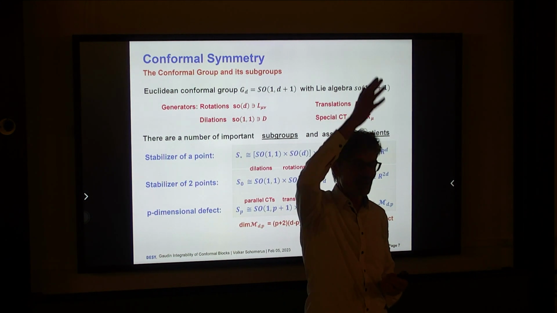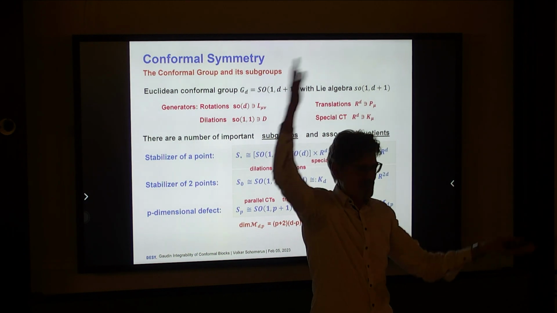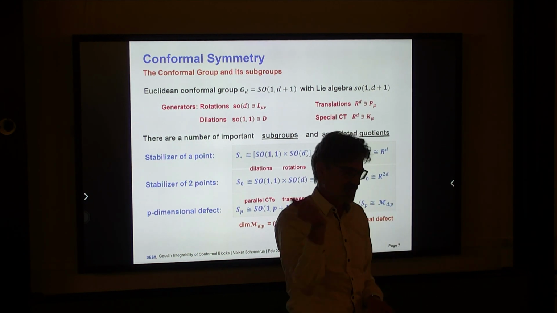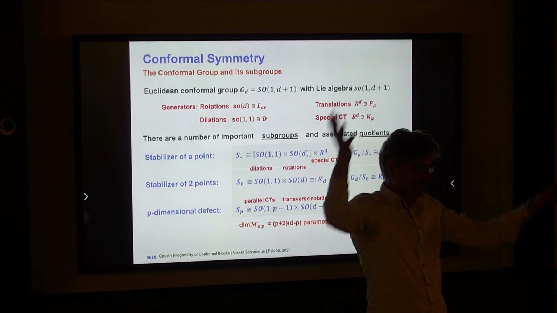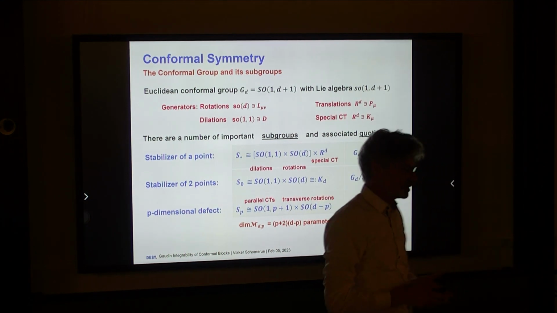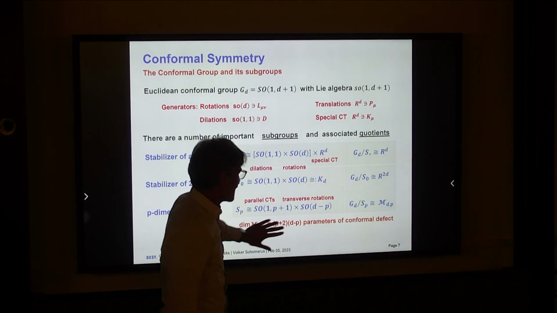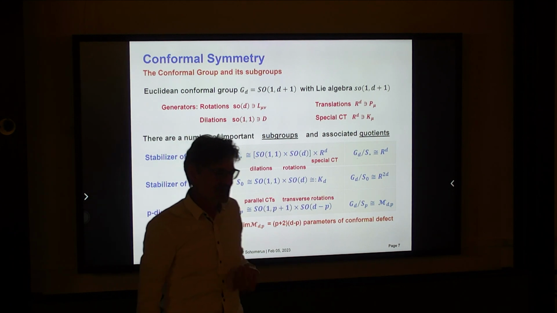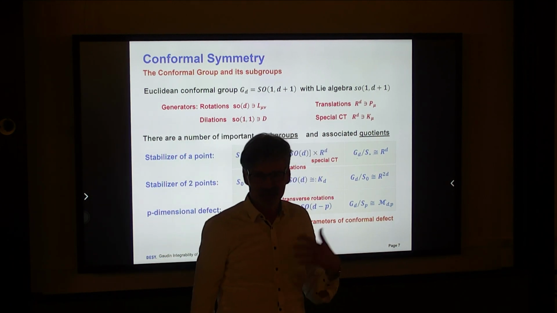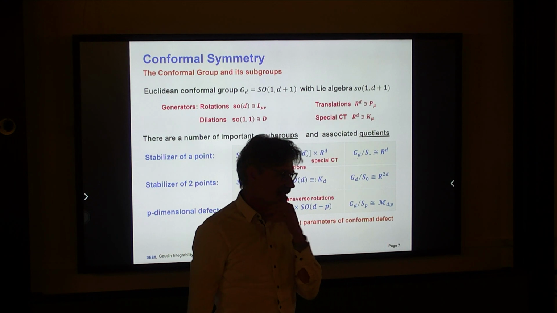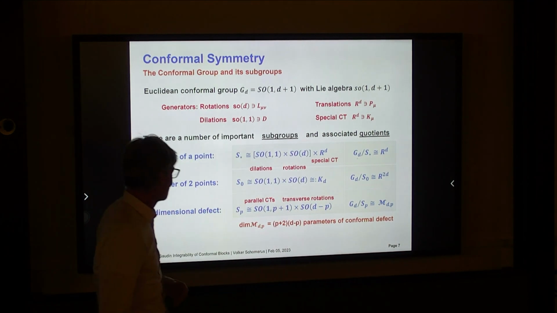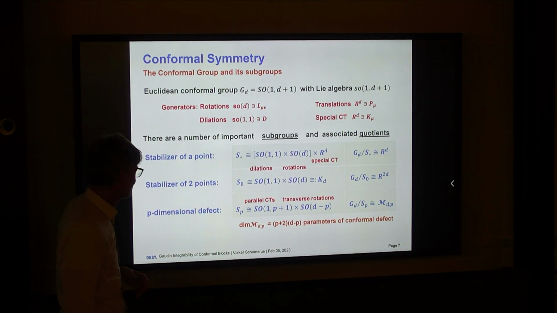So for instance, if you have a conformal interface, you can think of it as a spherical object, and it has d+1 parameters. One parameter is the radius, and the other parameters are the position. So again, I will make a few comments on these higher dimensional non-local operators, because I know some of you are interested in this. I don't want to confuse you.